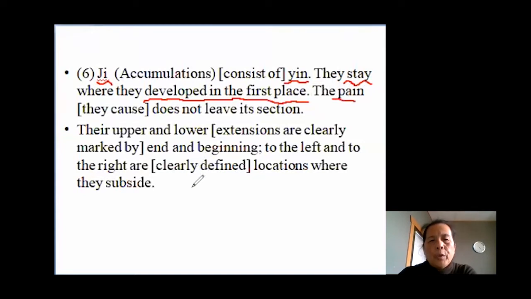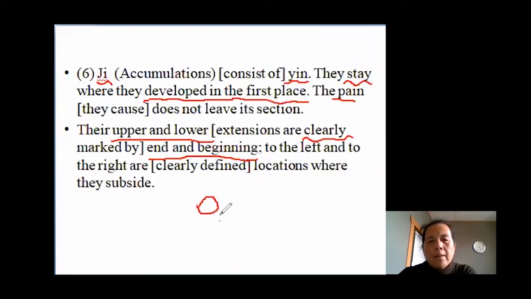And Ju belongs to yang. It moves around, up and down, just meaning moving around. It has a clear beginning and end part, clear to separate, like this part is painful.